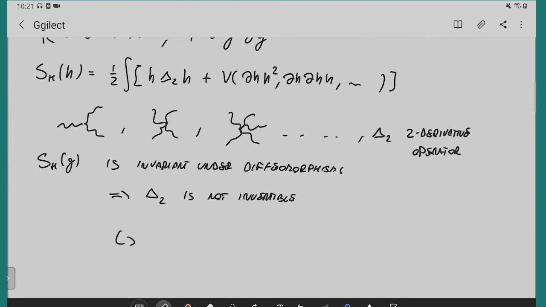So you just do a procedure analog to that of gauge theories.